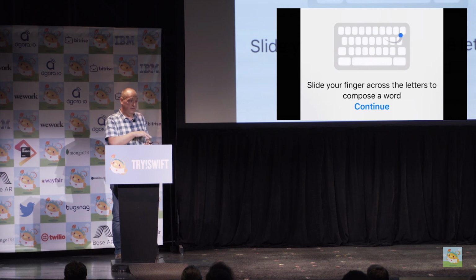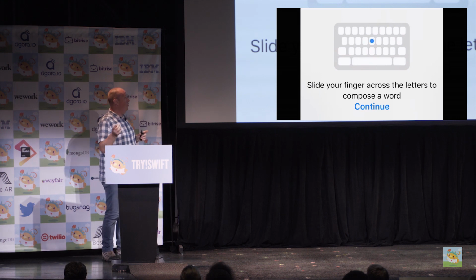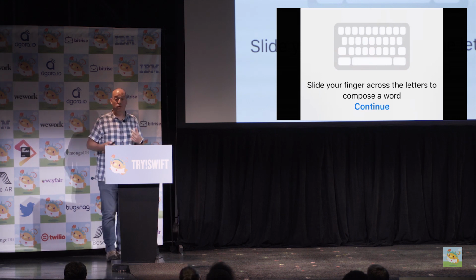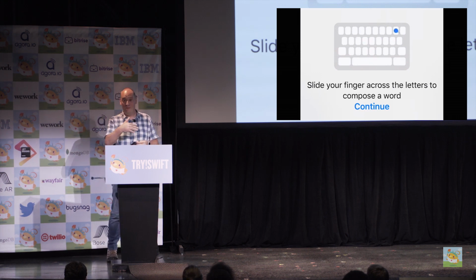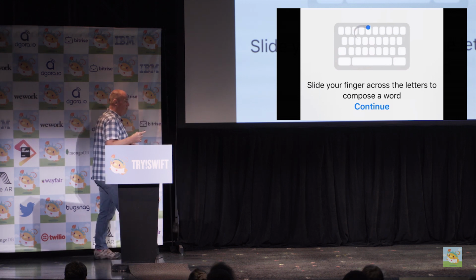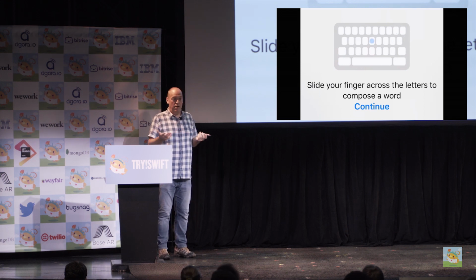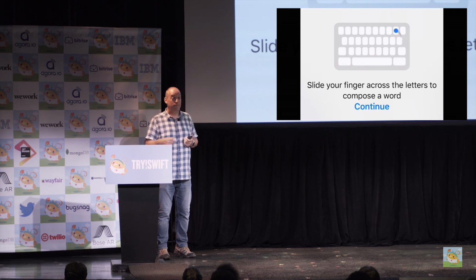I bet the adoption of this feature is terrible because I bet most regular people who use an iPhone will never remember seeing that. They will all see it. Like I'm confident that it will be shown to everybody. Nobody will remember it. I think there was also a similar screen for the undo gesture in iOS 13. I actually don't really know what that undo gesture is because I probably dismissed it.